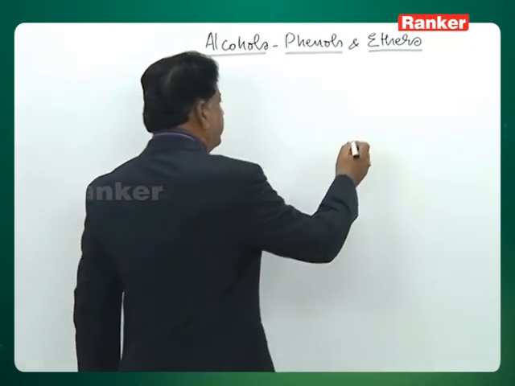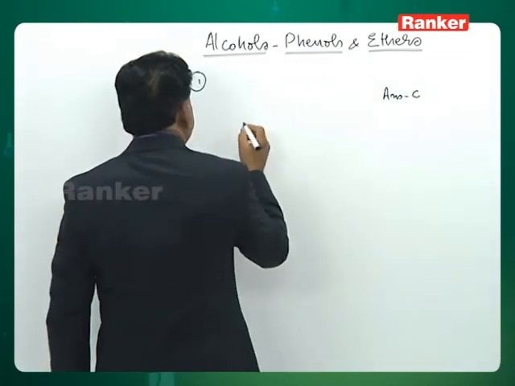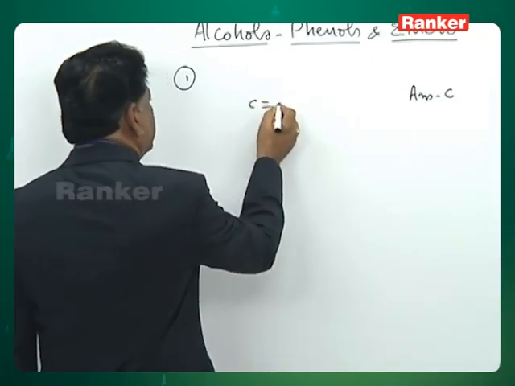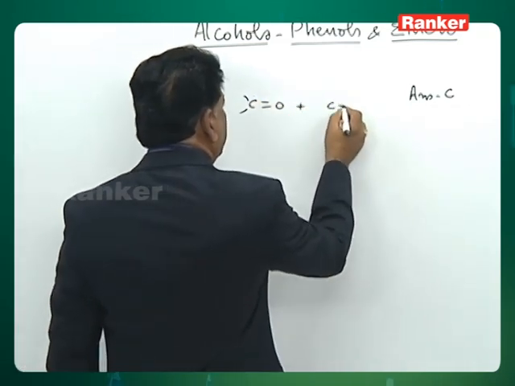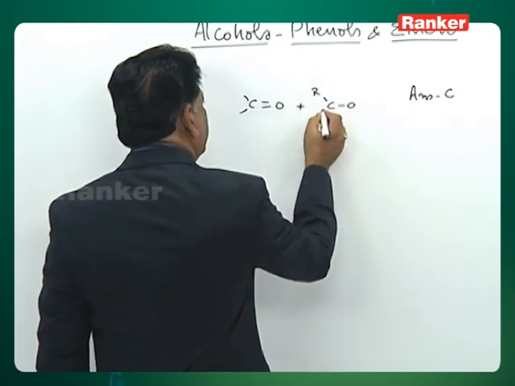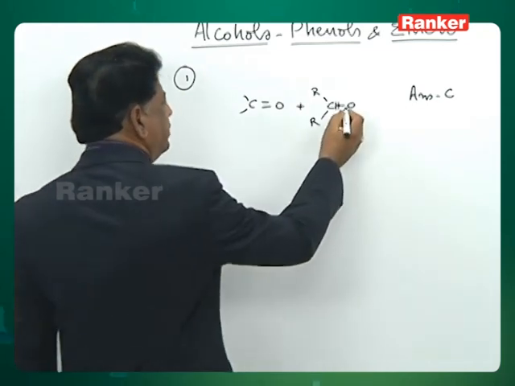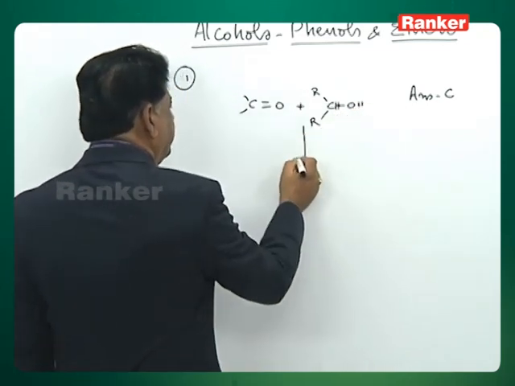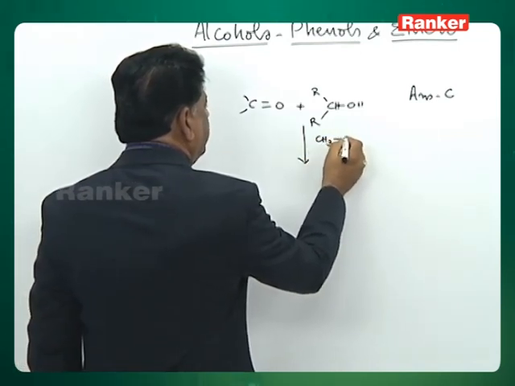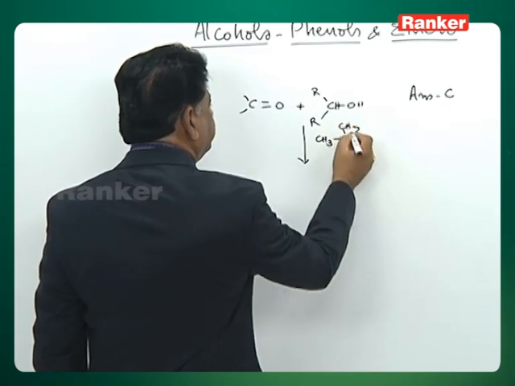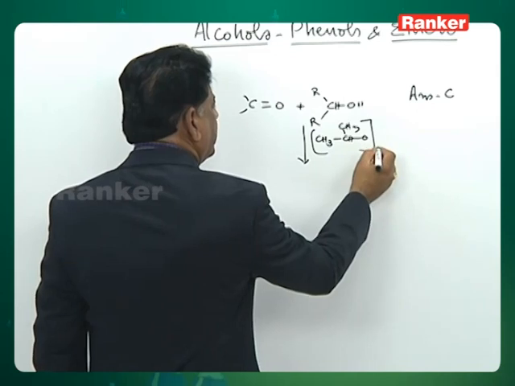Answer goes to the C. So this MPV reduction is any carbonyl compound, whether it is aldehyde or ketone, reduced with an alcohol. An alcohol is chosen as a sacrificial agent actually, and it is treated with the aluminum isopropoxide, taken thrice aluminum.